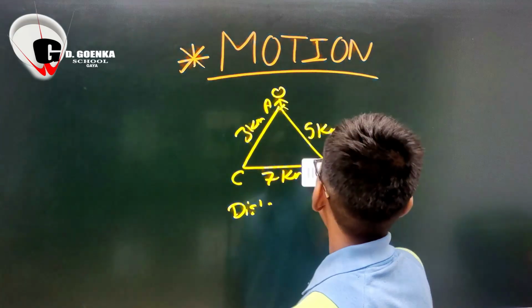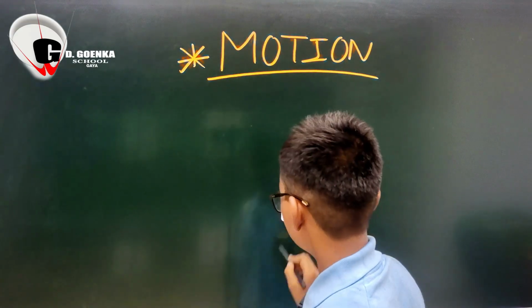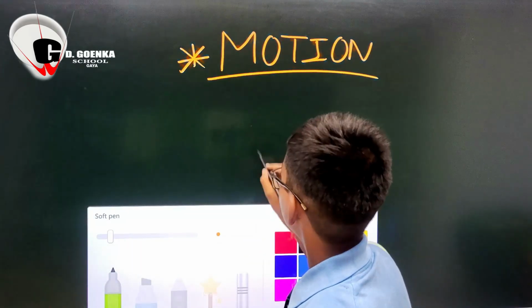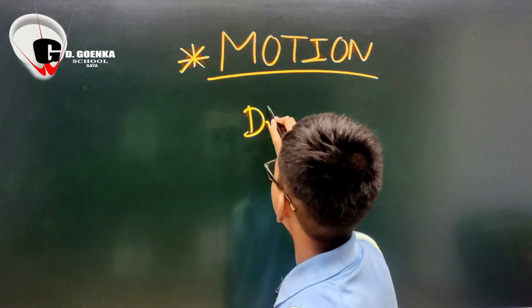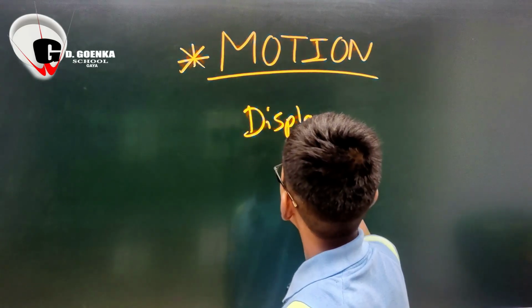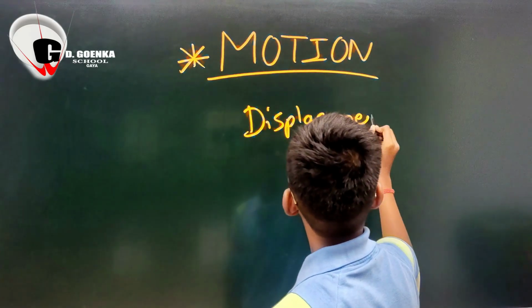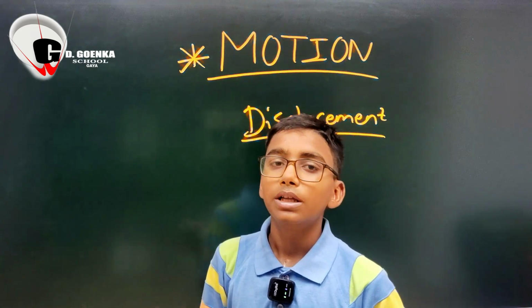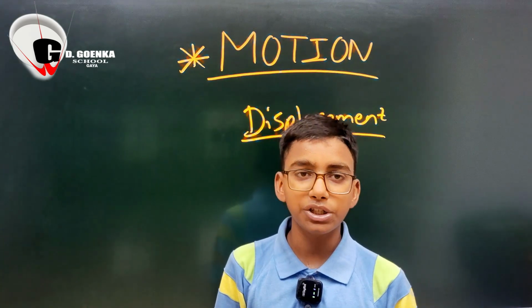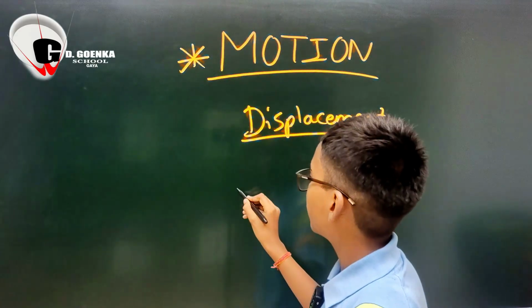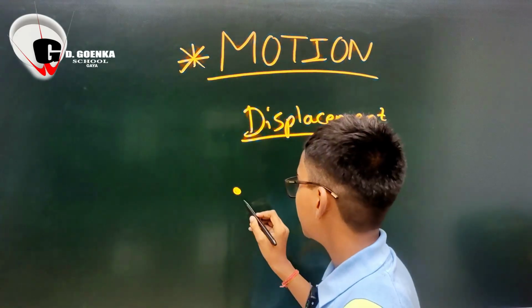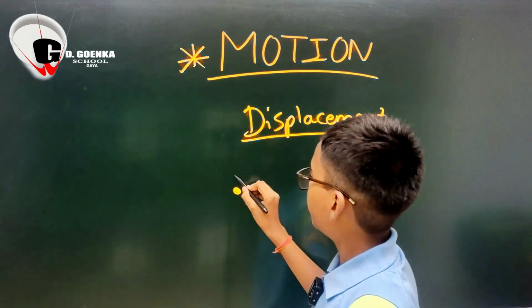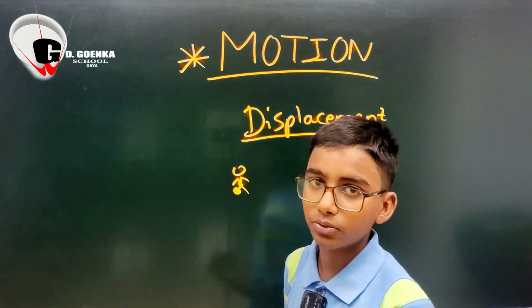Now our next topic is displacement. What is displacement? It is the shortest distance between the initial point and the final position. Here is a house and a person who has to go to his house.